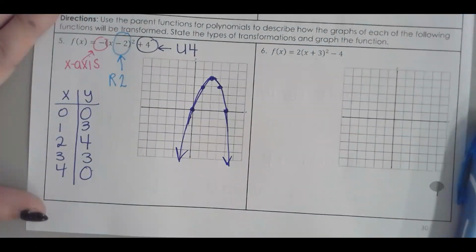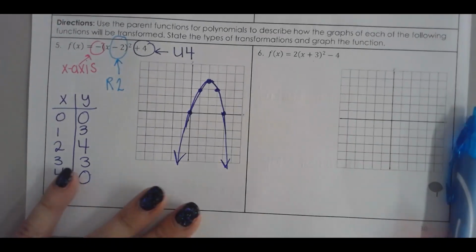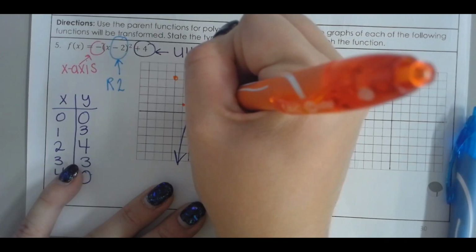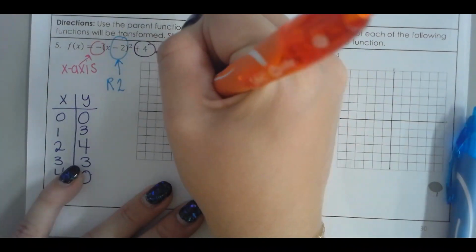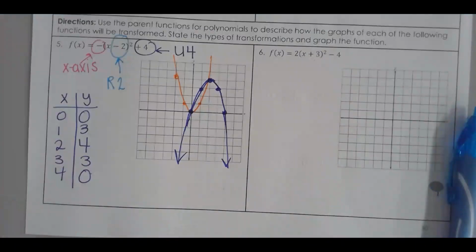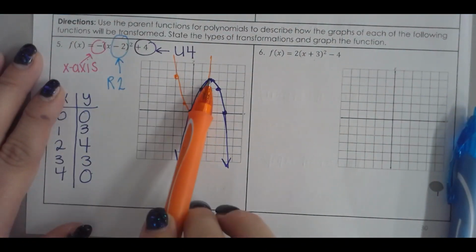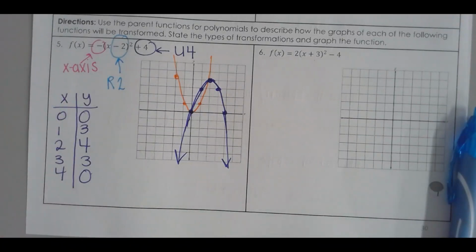So what this parabola did, your normal parabola starts out looking like that. So if I were to flip that upside down and then go right 2, up 4, that's where it would be. So the one in the orange is like just a plain old x squared. So we flipped everything upside down, went right 2, up 4. Try number 6.